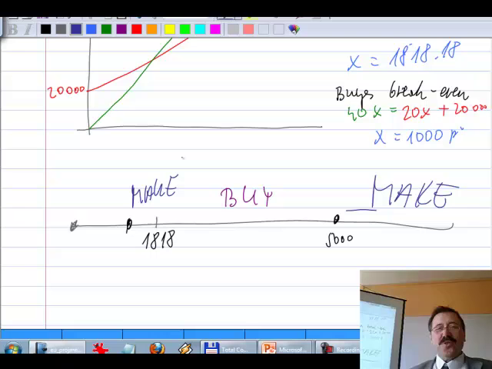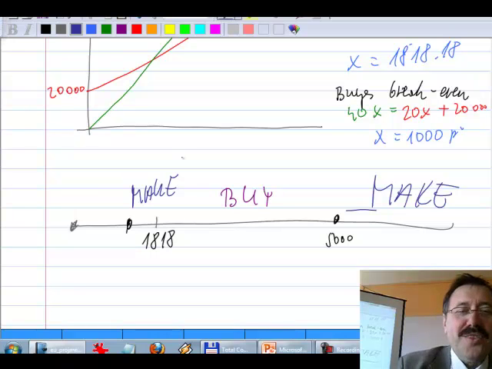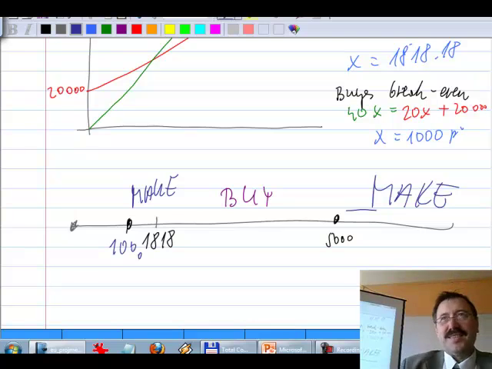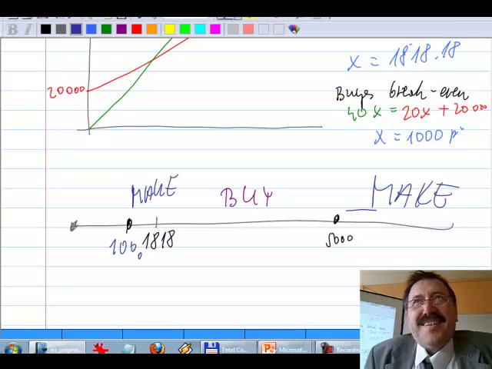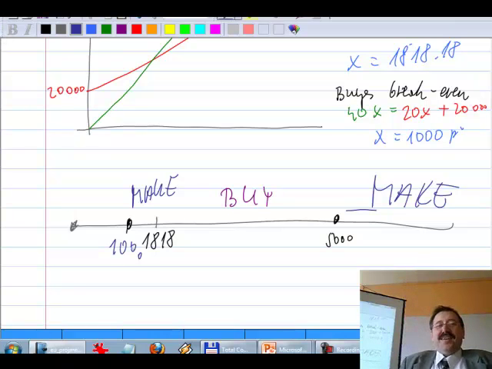So the solution is: under 1,000 is nothing. Between 1,000 and 1818 make. Between 1818 and 5,000 is buy, and above 5,000 is make.